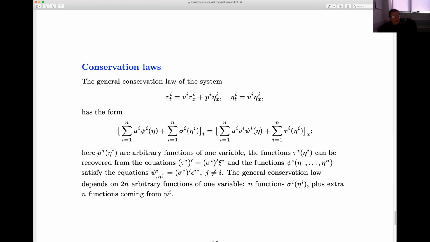These functions sigma i are arbitrary functions, and then tau i's are these sigma i's times soliton velocities, right? No, sorry, tau i's are expressed in terms of sigma i's by this formula, so tau i's are not arbitrary. Sigmas are arbitrary, tau's are not arbitrary, and then you also introduce these functions psi i's by this formula. Okay, it doesn't matter. You have an explicit formula for conservation laws.